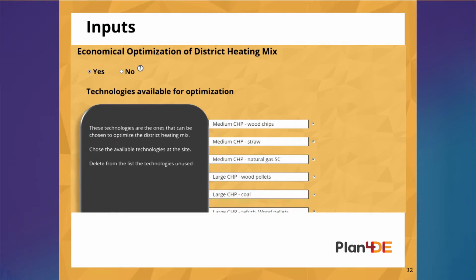And then the next piece is the economic optimization of the district heating mix, which is telling the model whether you want it to calculate the best combination of systems to put in place based on the heating demand that you have. You can also choose from different types of district energy systems based on the types of fuels that you might actually have available to you.